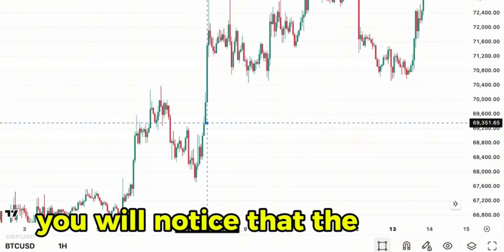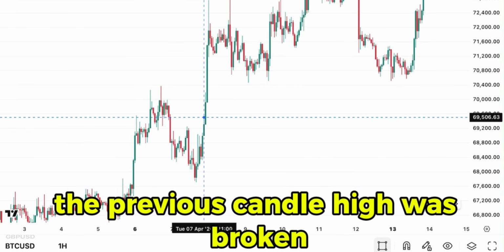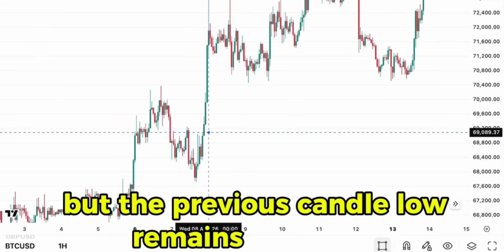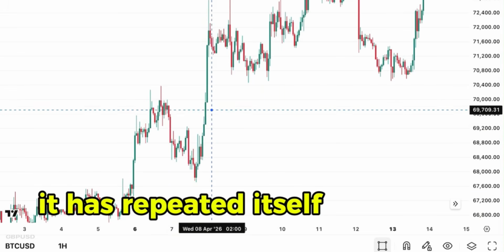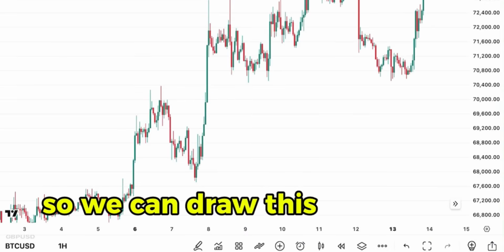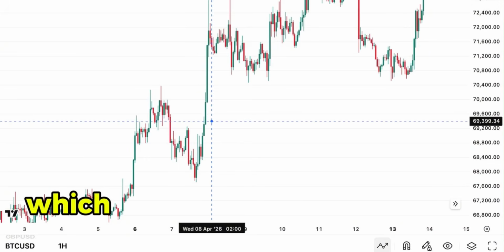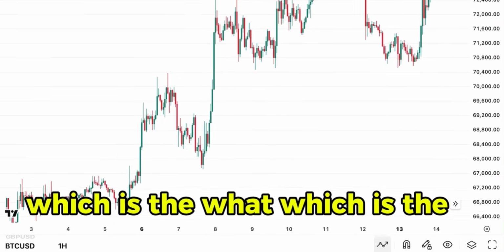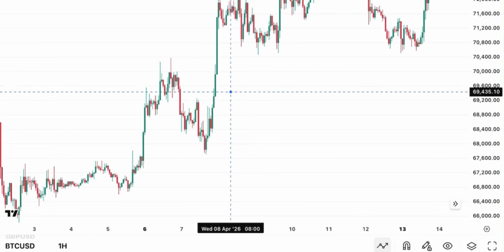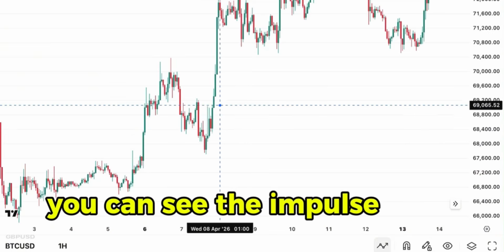You will notice that the previous candle high was broken, but the previous candle low remains protected. It has repeated itself over again here and over again here. So we can draw this as a single move in the market, which is the uptrend move. You can see the impulse move right there.